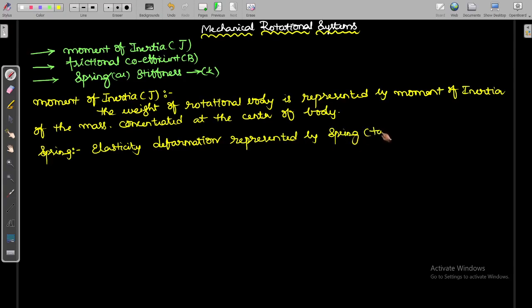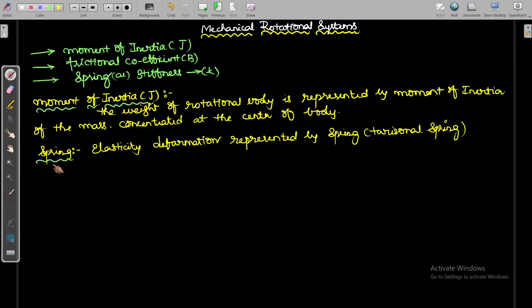So it is a torsional spring also. I will highlight the moment of inertia and the spring.